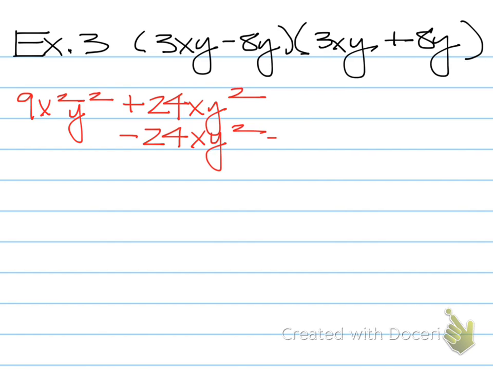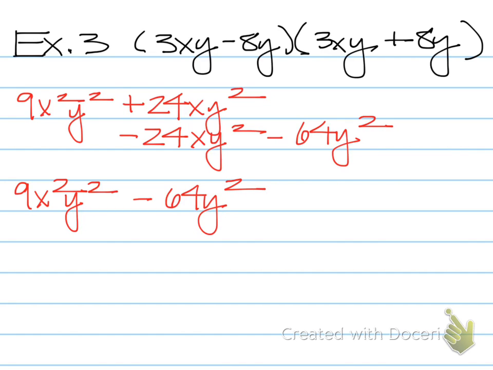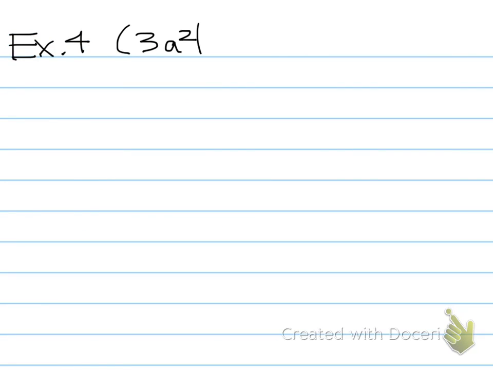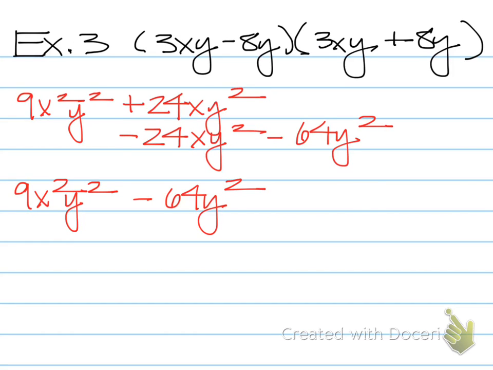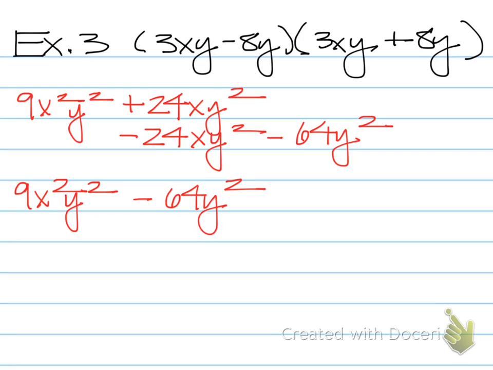Negative 8y times 8y is negative 64y squared. Add the like terms, we get 9x squared y squared, negative 64y squared. And notice that the 24xy squared and the negative 24xy squared, they cancel.